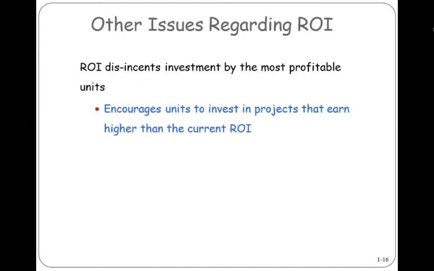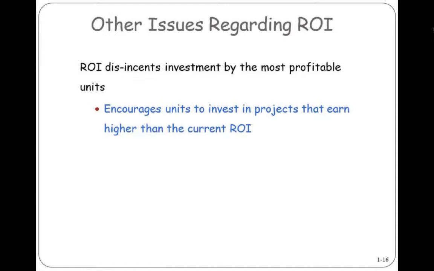ROI also could disincent investments by the most profitable units. Let's say your company demands that you have 15% or better return on investment in order to do a new project. Your division is unusually profitable and gives 20 or 25%. You get paid upon your ROI.